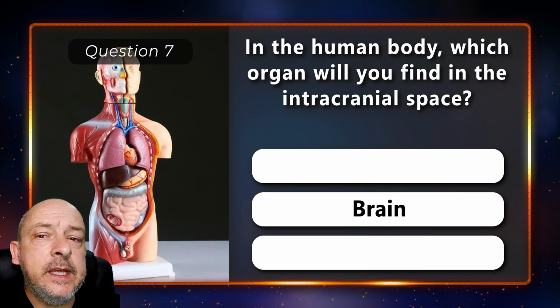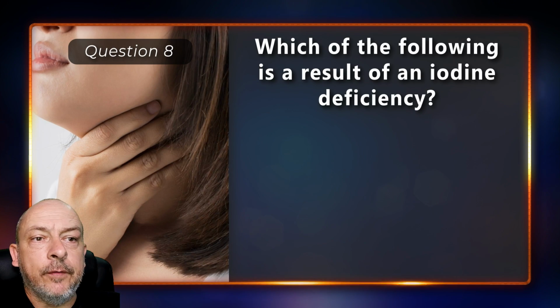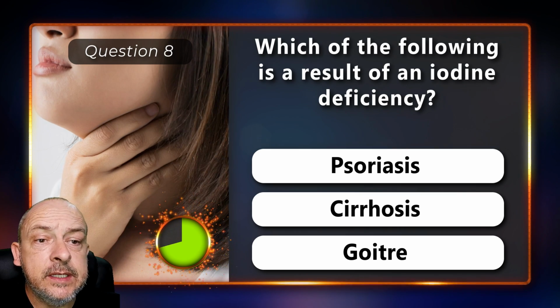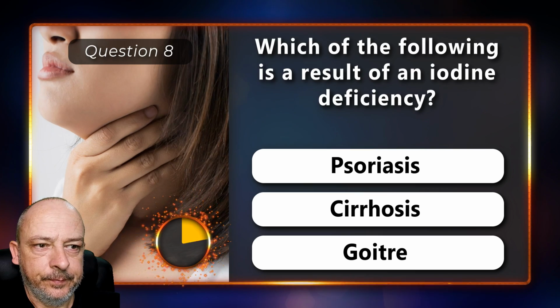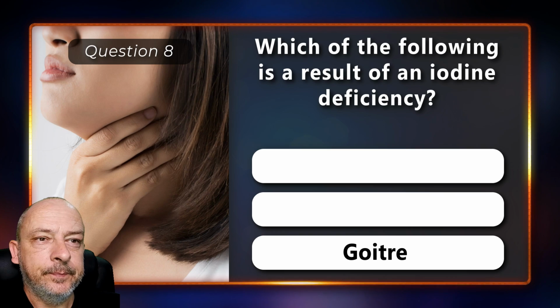The correct answer is the brain. Which of the following is a result of an iodine deficiency, a psoriasis, cirrhosis or a goiter? Goiter.